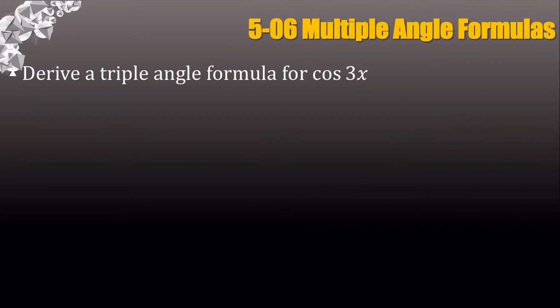All right, let's derive a triple angle formula. So instead of cosine of 2u, we have 3u. Cosine of 3x could be cosine of 2x plus x. So using the sum formula from the last lesson, cosine of u plus v is cosine of u cosine of v minus sine of u sine of v.